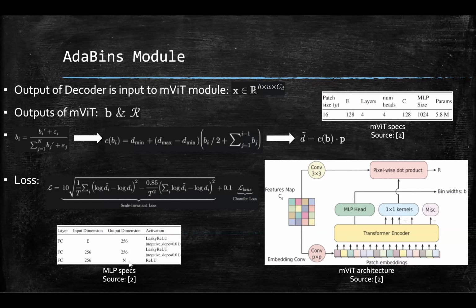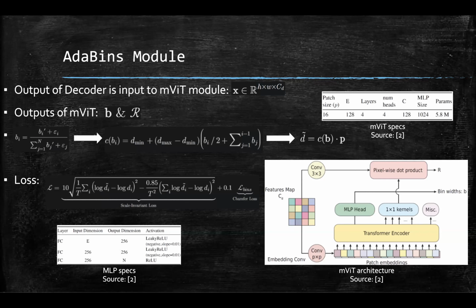Here it's not specified, but in the GitHub implementation you can see that this N is actually 256 also. That is then normalized such that it sums to 1 to obtain the final bin width vector b using this formula. Here, epsilon just ensures that all bin widths are positive.